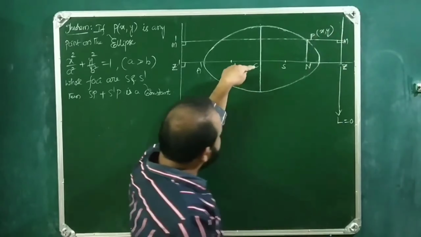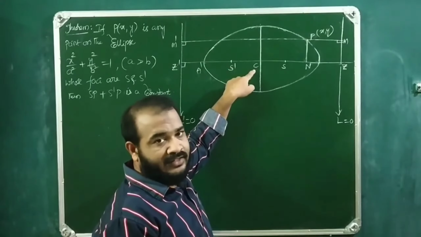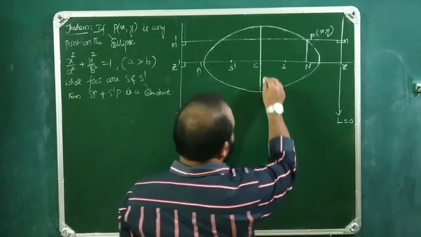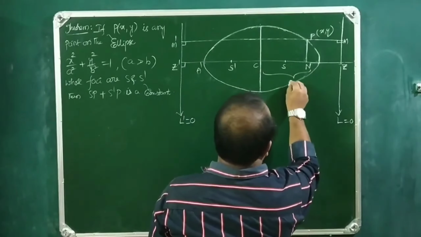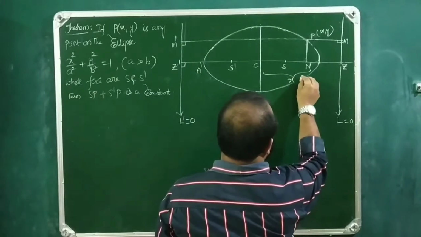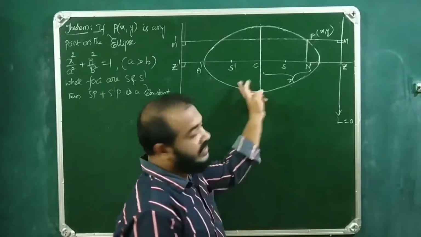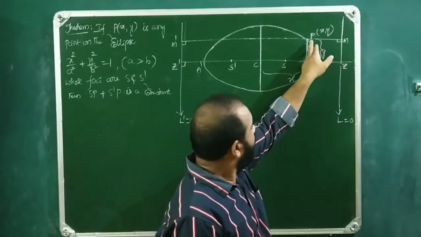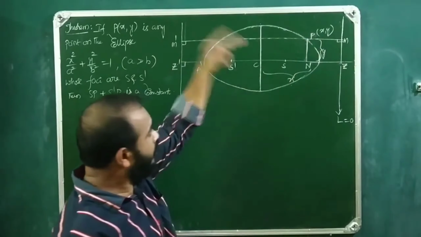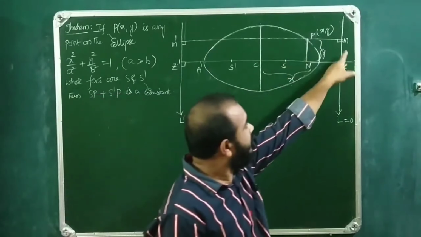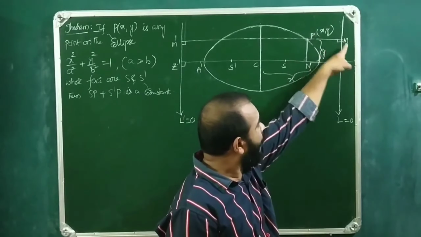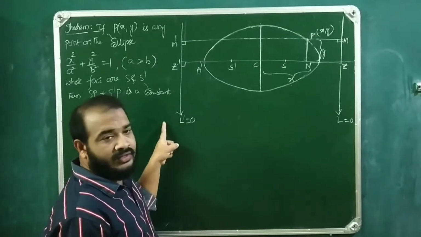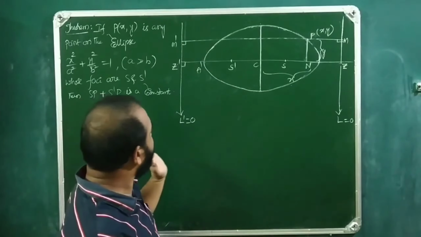Since C is the center, which is the origin, CN is equal to x and this height is y. M and M dash are the perpendiculars from P on the directrices L equals 0 and L dash equals 0 respectively.